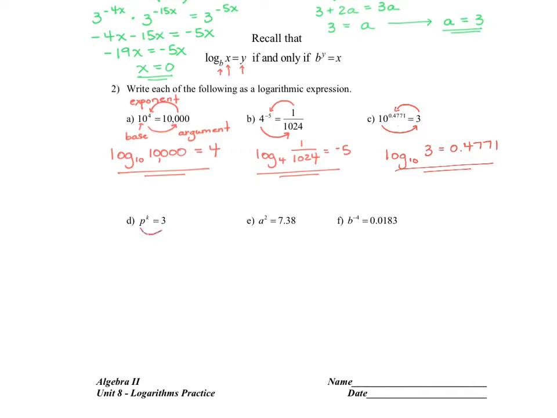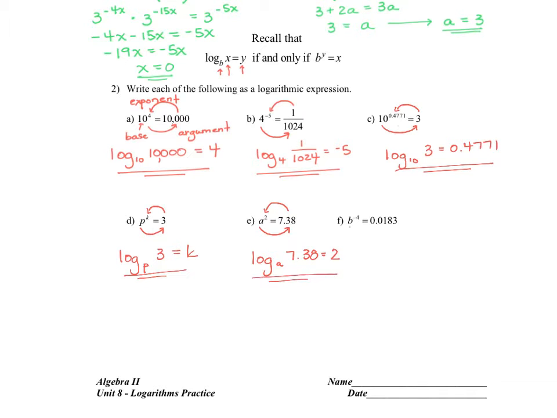Log base p of 3 equals k. Log base a of 7.38 equals 2.